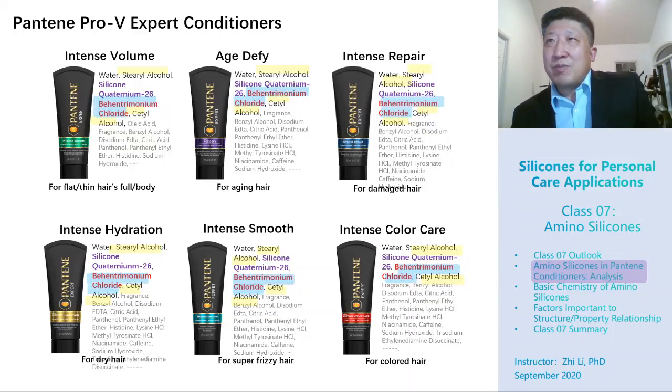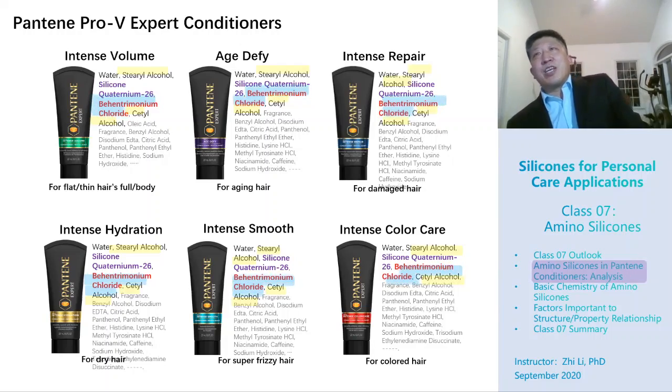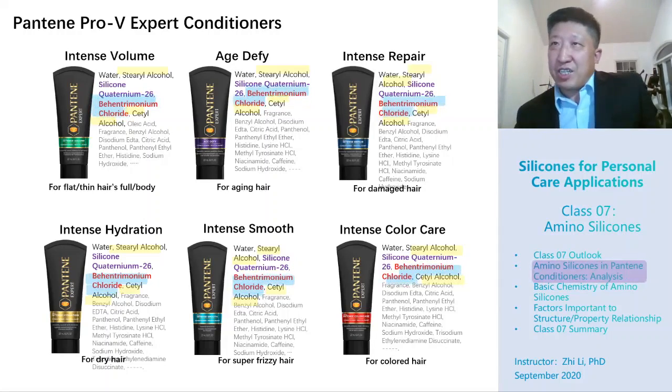It seems to have evolved, as I showed in the earlier slide of hair masks, from different silicones, and then they come to silicone quaternium-26, selling for a little bit higher price. Really pay attention to the age-defying theory, and it seems to really gain traction for younger hair. Their commercials I'm going to show in the coming slide.